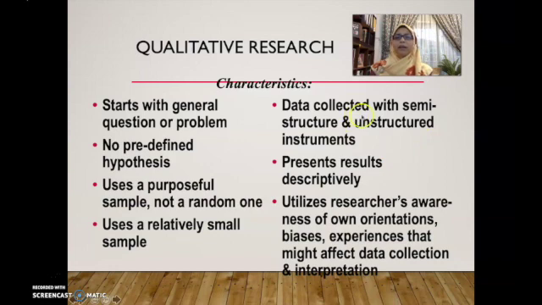And data is collected with semi-structured and unstructured instruments. It depends on what method you use to collect the data. If you use an interview, either a semi-structured or even unstructured interview protocol. If you have a checklist, you can use a checklist, and so on and so forth. It depends on what kind of methods you use to collect the data.